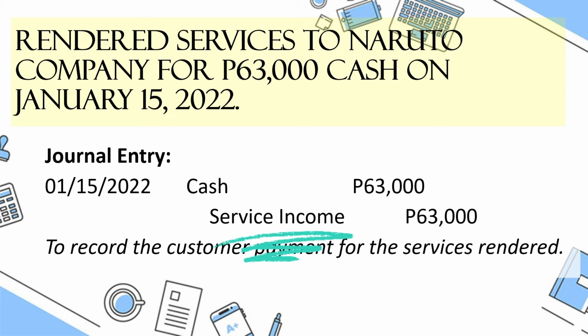So if you credit the income account, that means income will increase. That's why for this example, our final journal entry is a debit to cash for 63,000 and a credit to service income for 63,000. Notice that the service income and the cash are not lined up.